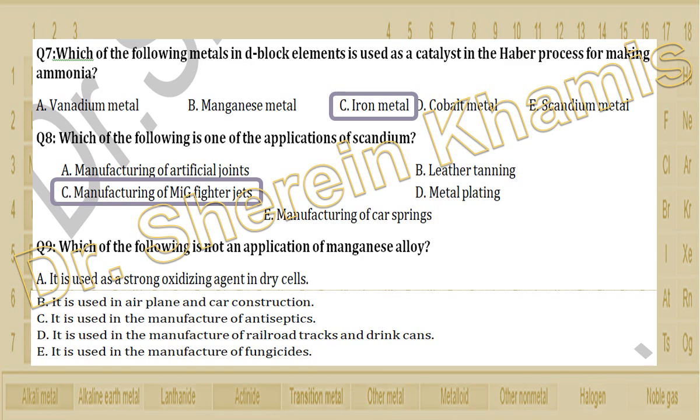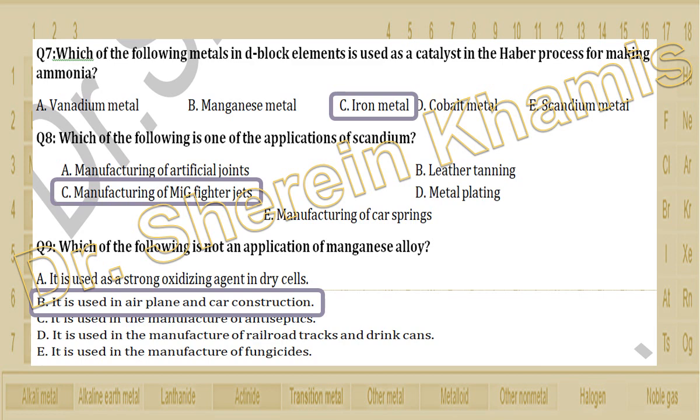We have different uses here, but all of these belong to manganese except one: airplane and car construction.